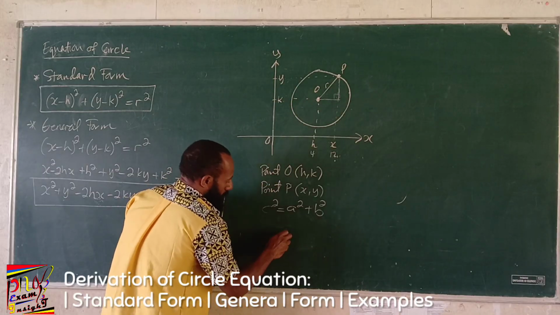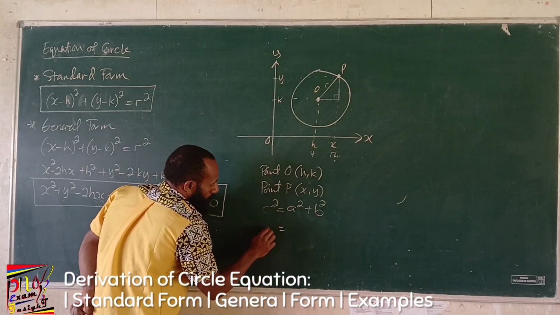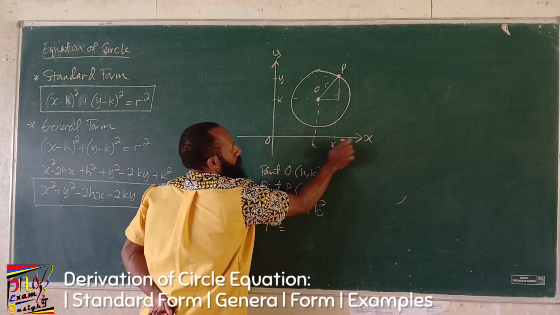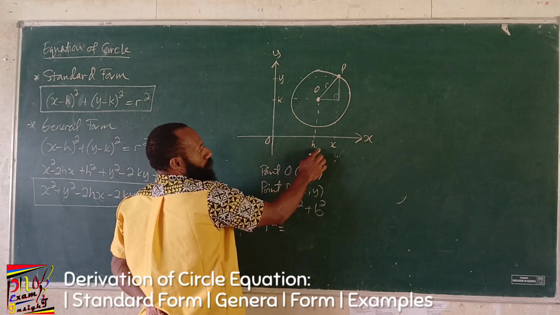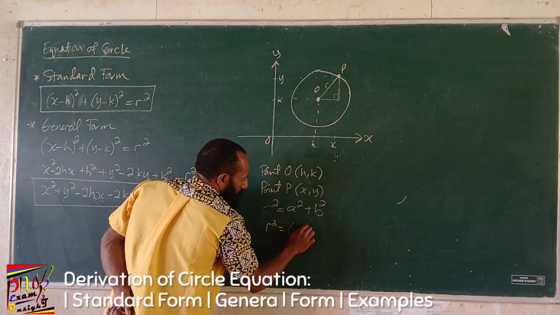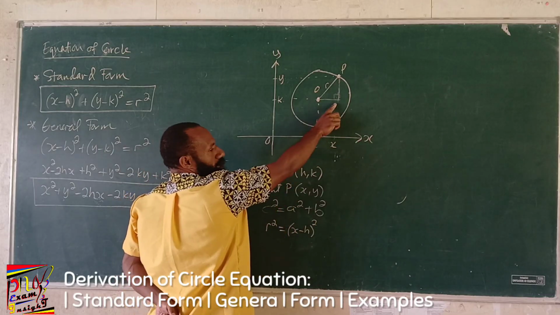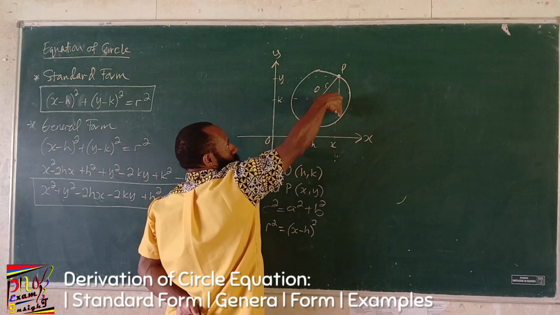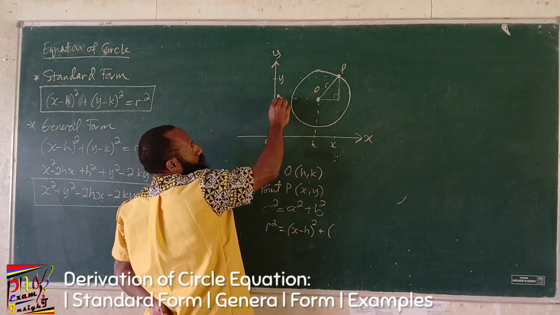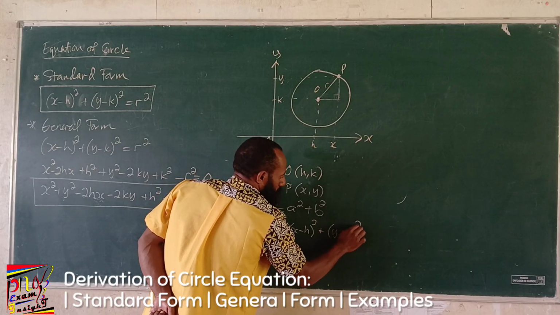So using that technique, the length OP, which is r, squared equals, now it will be x minus 8, squared. That is length A. Now we look at side B. Plus side B, we got y and k, so y minus k squared.